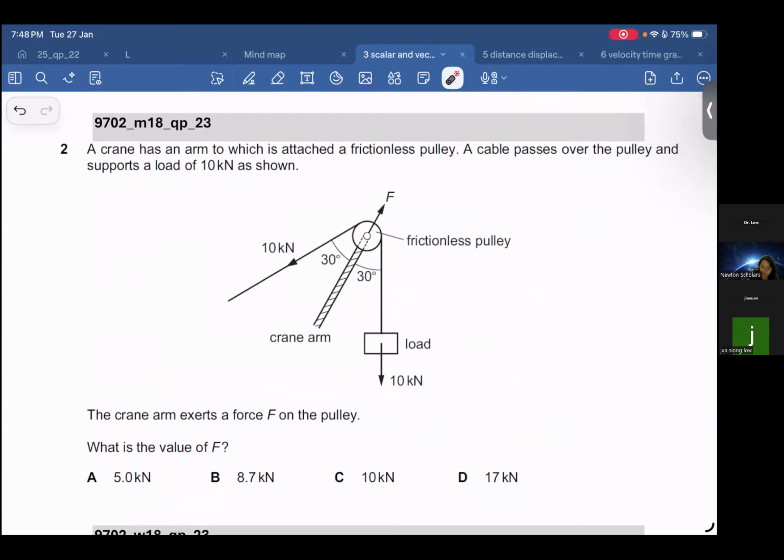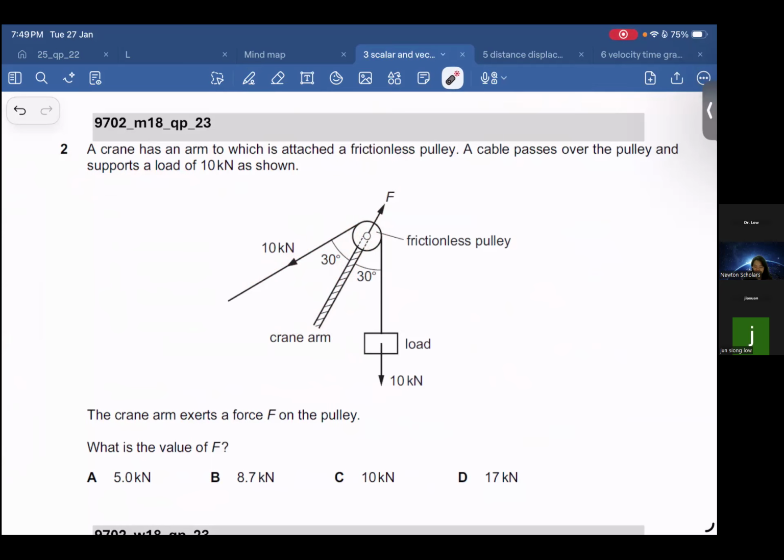Because it's holding the load, supporting a load, this force must resolve to this direction. Then these two forces, let's say Tx1 and Tx2, must be balanced by this force. Support means that it's not moving already. This object is holding and not moving.